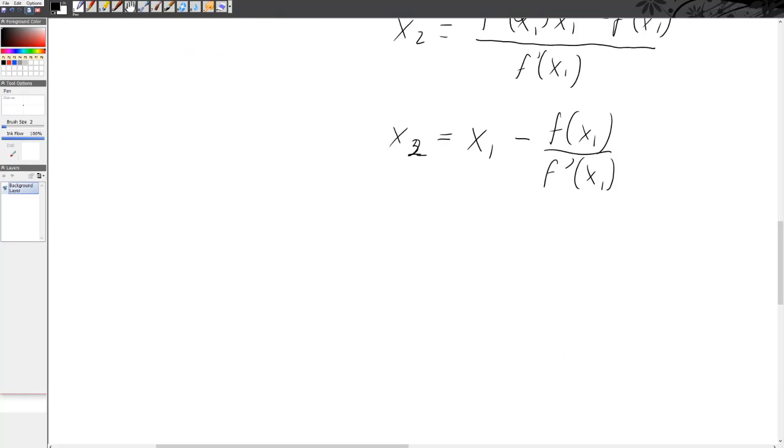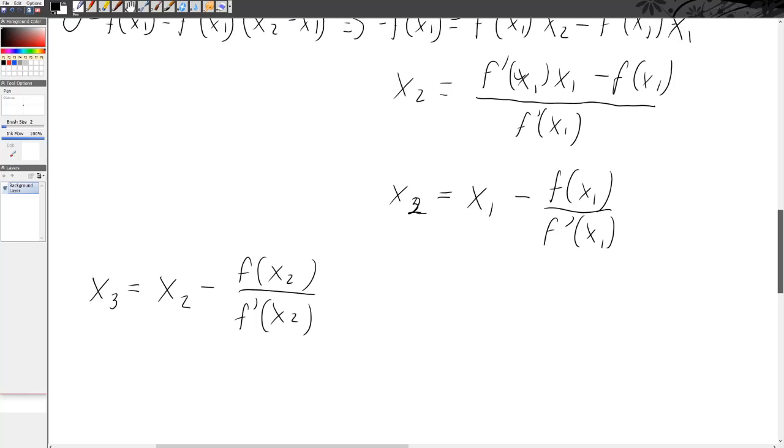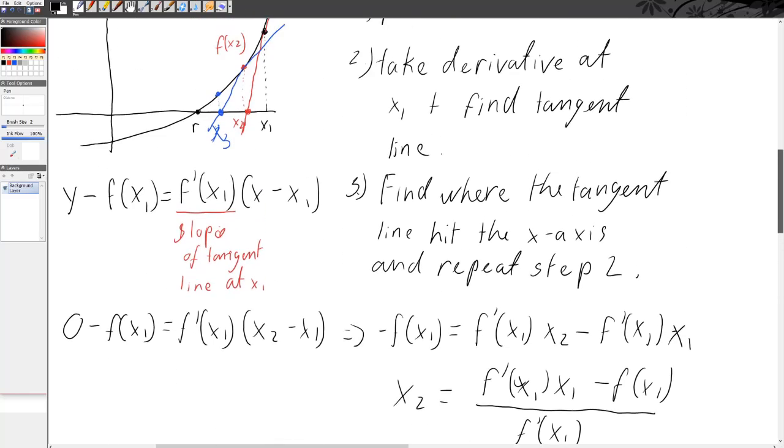Then if we want to continue to find the approximation, we would find x3, and x3 will follow in the exact same suit. x3 is now equal to x2 minus f of x2 over f prime of x2. And we can see that in the graph.